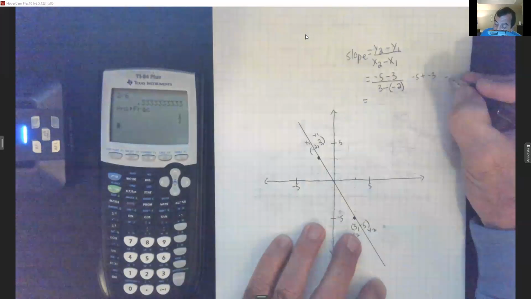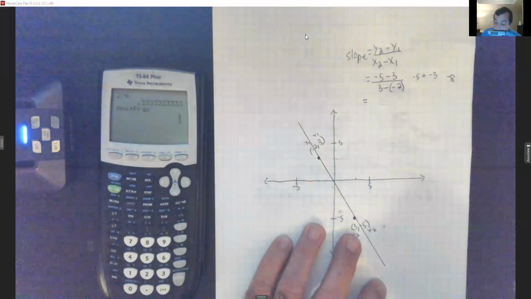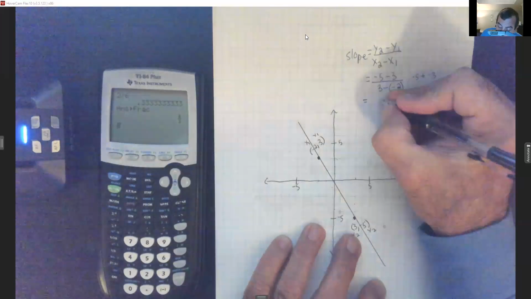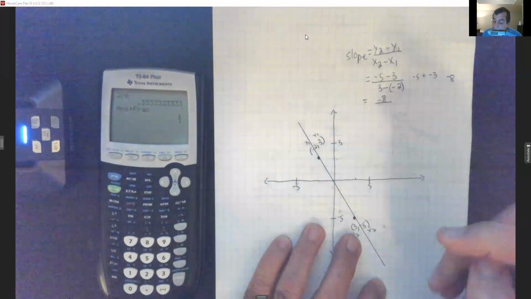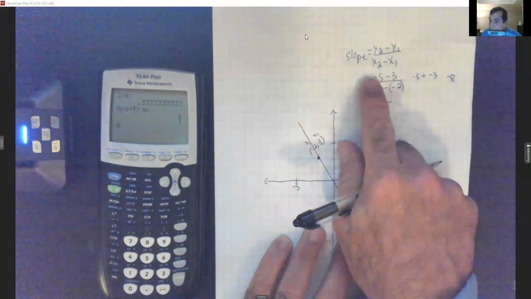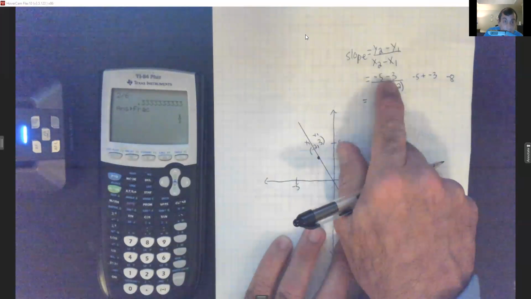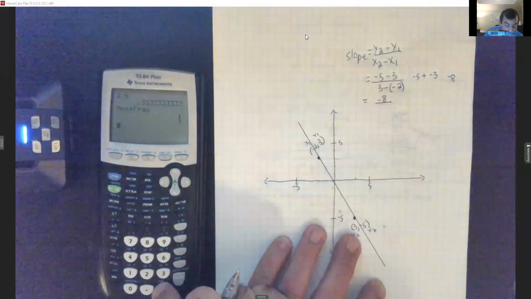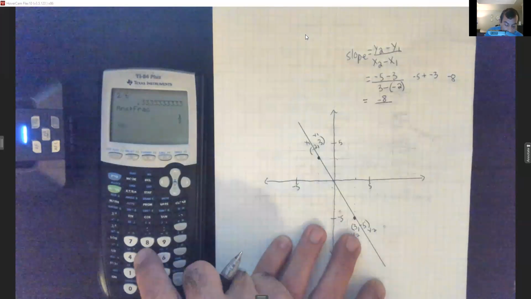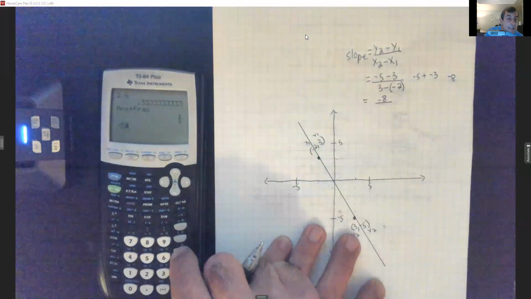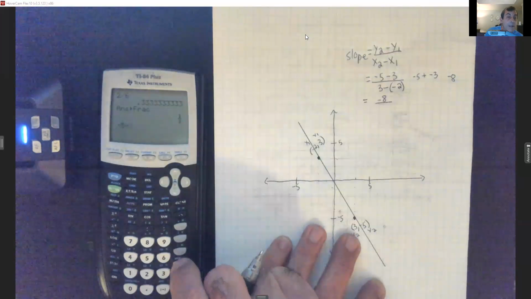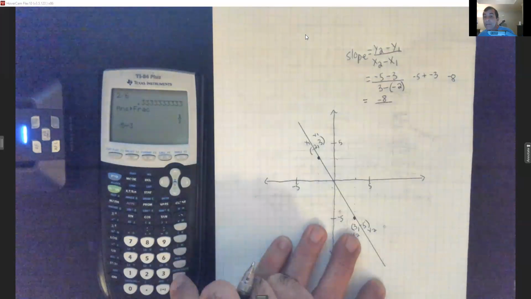So that's going to equal a negative 8 on the top. Now be careful on the calculator, because this is the negative key and that's the subtraction. So you got to hit the negative key down here, negative 5, and then minus the 3, and that's going to give me my negative 8.